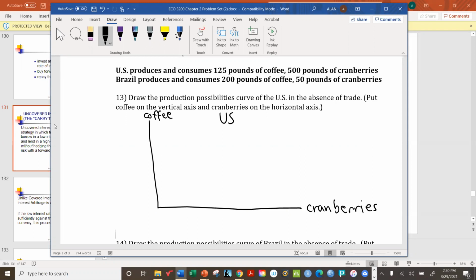We've already seen that the US can make 1,000 pounds of cranberries if that's all they do, and they can only make 250 pounds of coffee. The point that they're choosing to consume is 125 and 500.